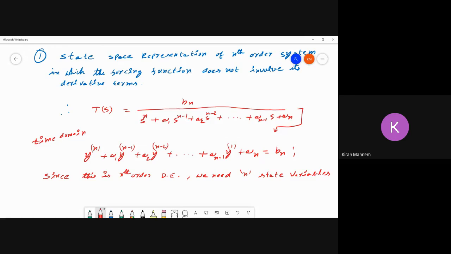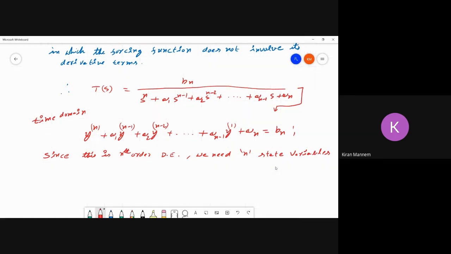So now what are the state variables? We represent generally the state variables as x1, x2, x3 and so on, xn. So we need these n state variables.